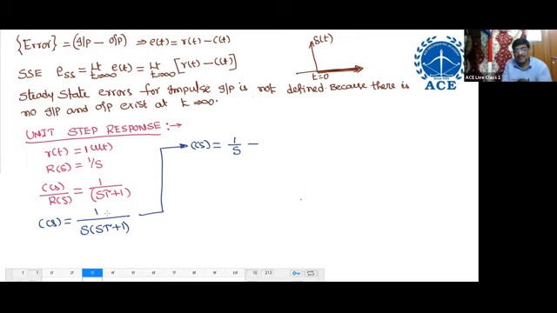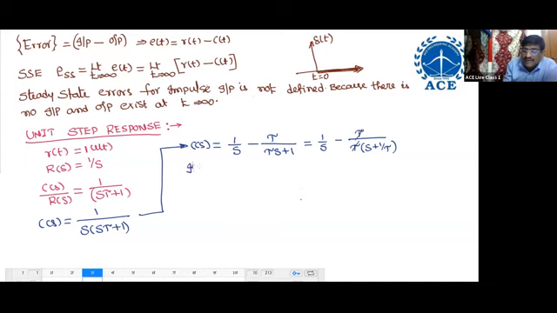If I substitute minus 1 by tau, what will I get? Minus tau. So minus tau by tau s plus 1. Or you take A by s plus B by s tau plus 1, get the A and B values: A is 1, B is minus tau. This can be written as 1 by s minus tau by tau, take it common, s plus 1 by tau. Tau cancelled.